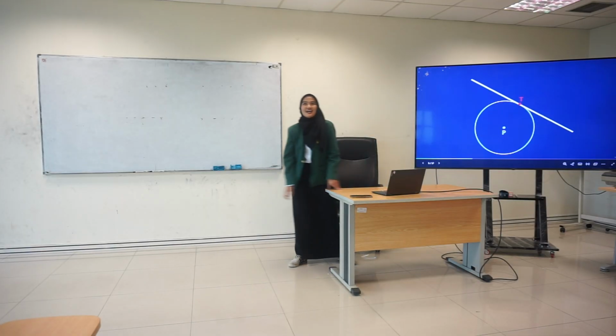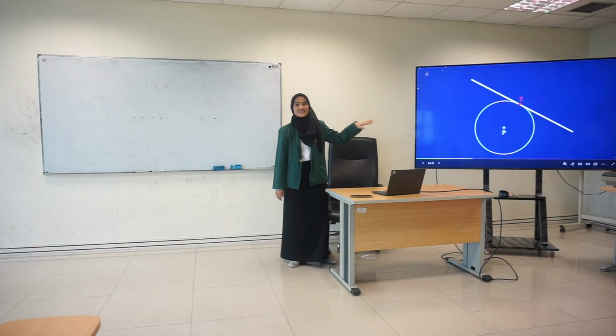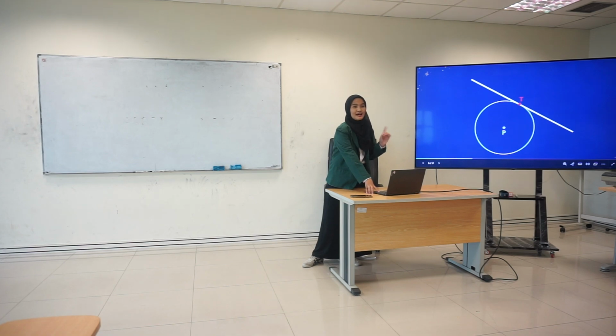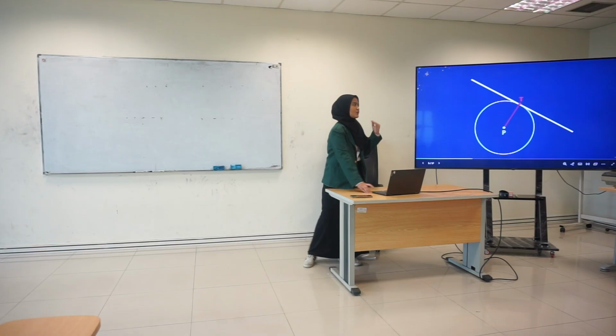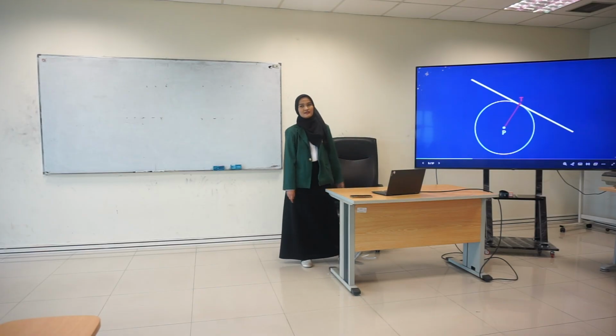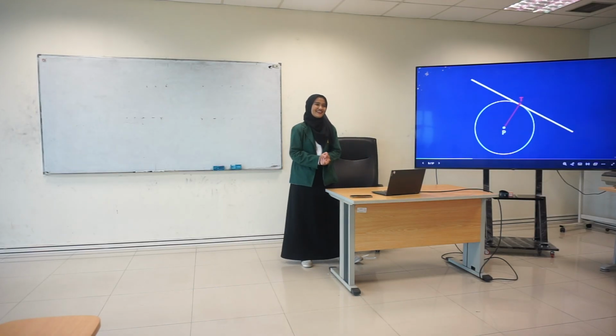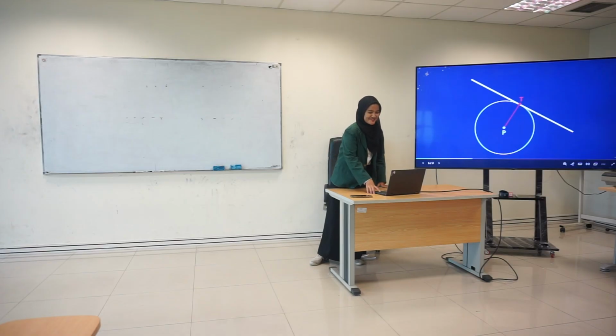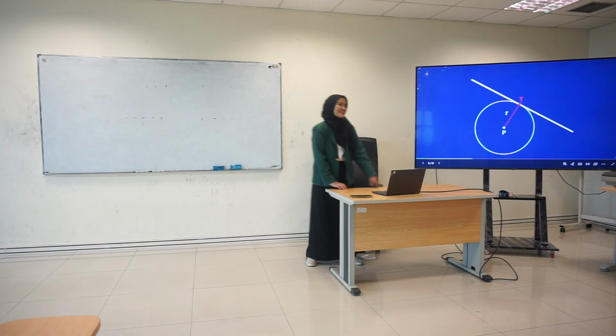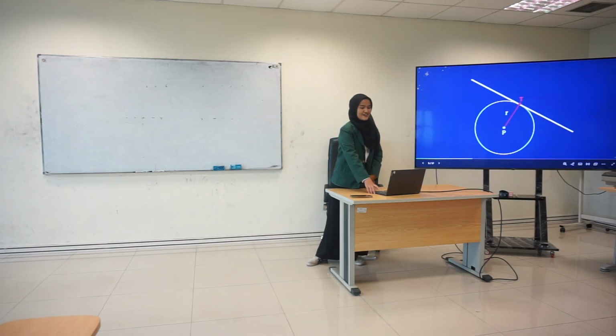Next, if we have this illustration and construct a new line from point P to point T, what do we call this line for the circle? Radius. Good job, Dustin. We name it line R, and R is a radius.